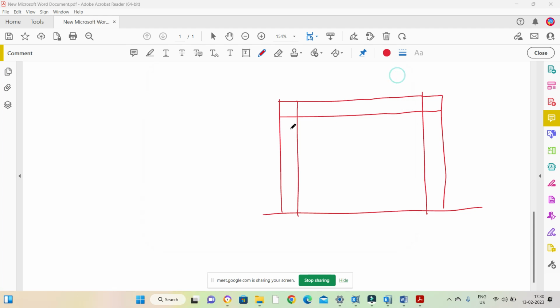So the whole length should be considered for nonlinear modeling. So what I'll do, I'll provide my nonlinear property throughout the length of the member. Similarly for this also, I'll provide nonlinear property throughout the member length, and for this beam also.